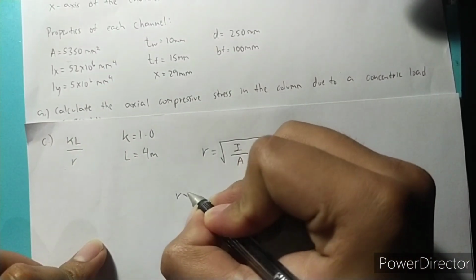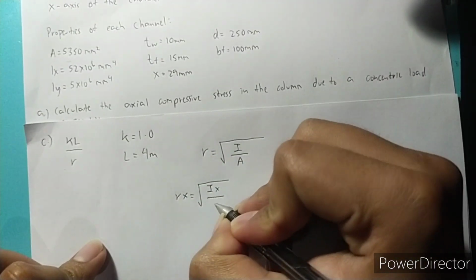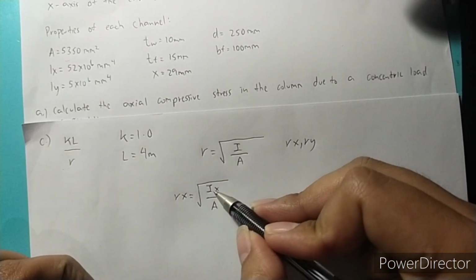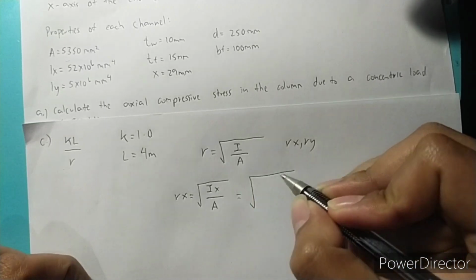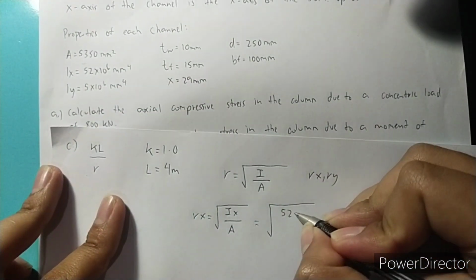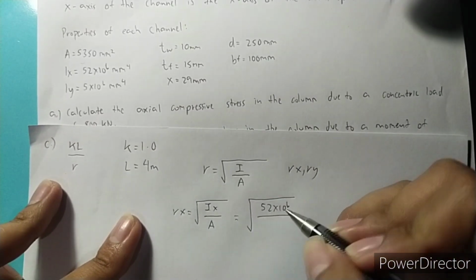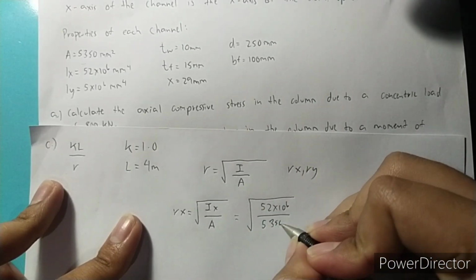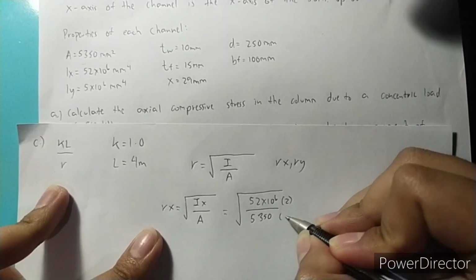So, rx equals to Ix over A. So, si moment of inertia with respect to x value, ito si Ix natin is 52 times 10 raised to 6 over sa area natin na 5,350. Dahil nga the two values tayo, multiply by 2.